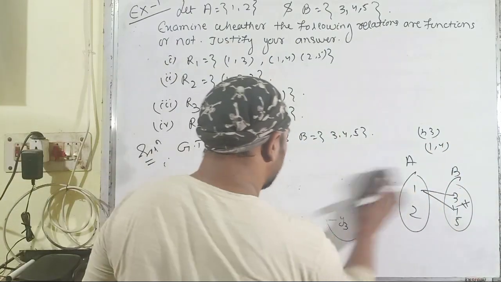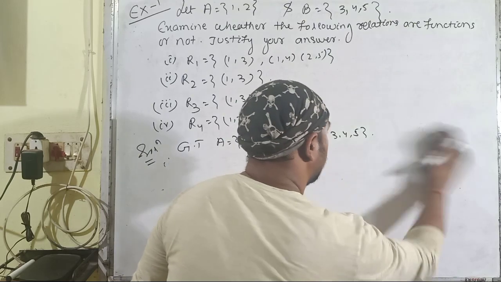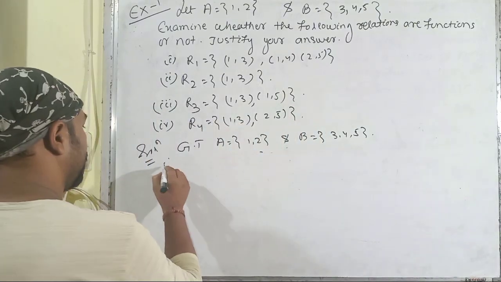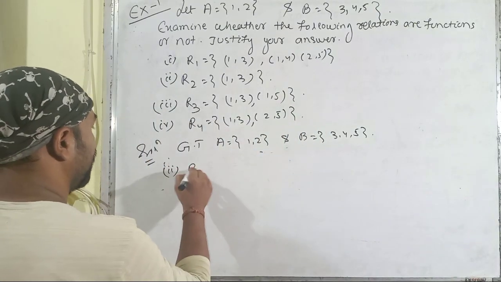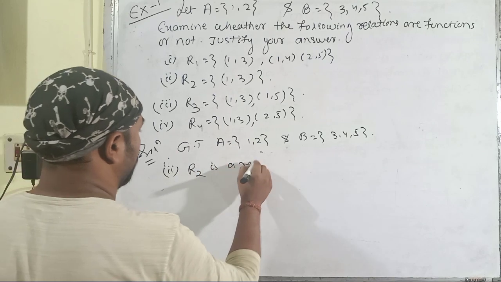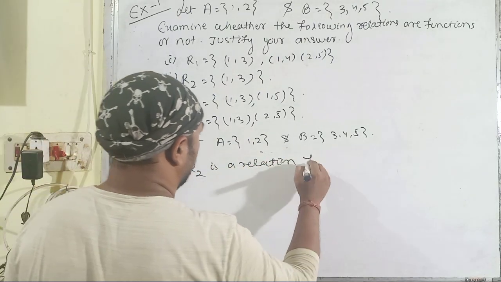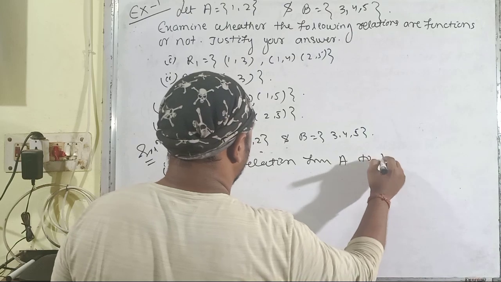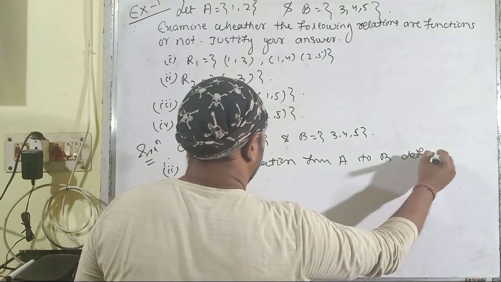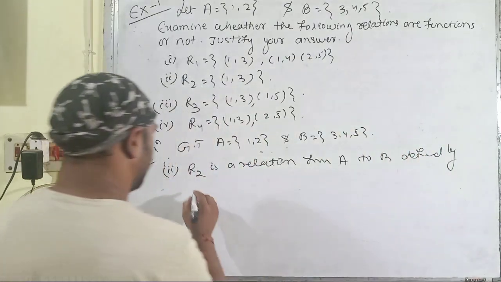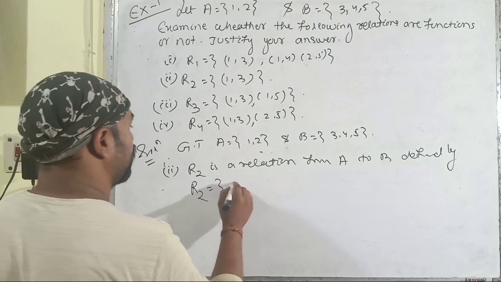Then moving to the second relation. So it is the second part. R2 is a relation from A to B defined by R2 equal to {(1, 3)}.